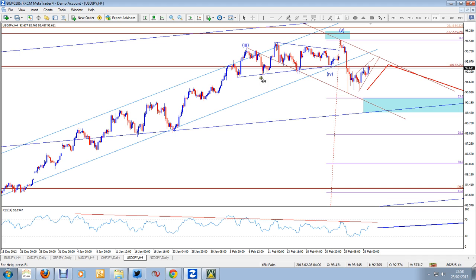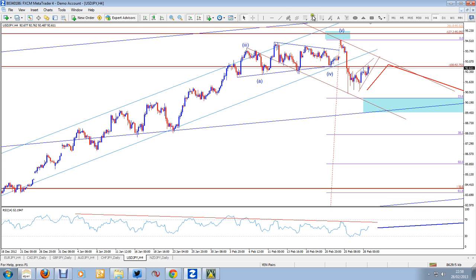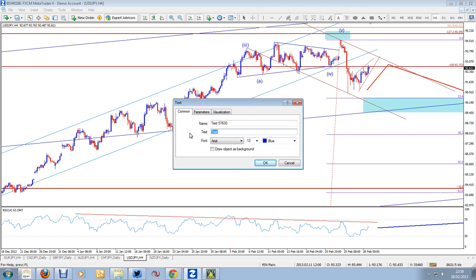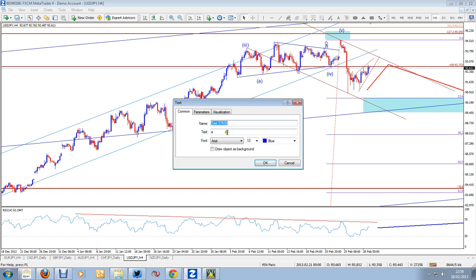So if I label that one as wave A in brackets, then in my way of counting it appears that we've had a normal wave A here. Then I think what we had up to here was a wave B.